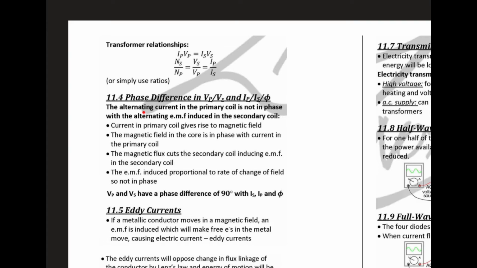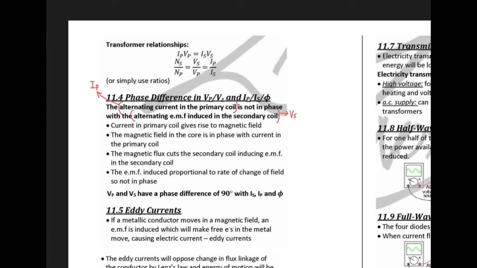Okay, so which two are not in phase? Let's see. The alternating current in the primary coil, this is IP. It's not in phase with the alternating EMF induced in the secondary coil. This one is VS. So IP and VS, they are not in phase. What is meant by not in phase?